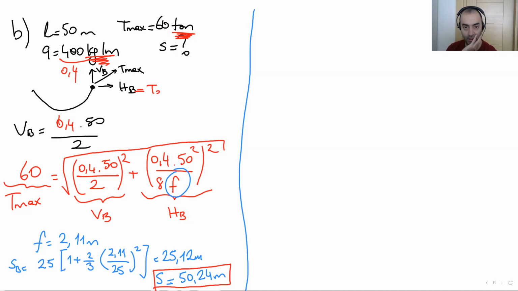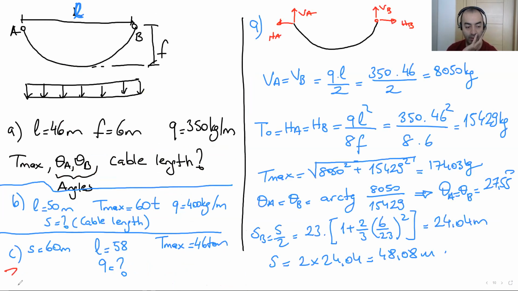Question B done, and let's do question C. What is it? Here you can see S is 60 meters, L is 58 meters, Tmax is given here, 46 tons. What is Q?